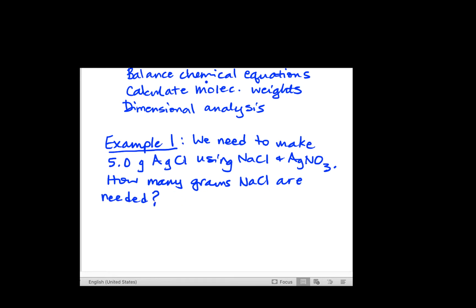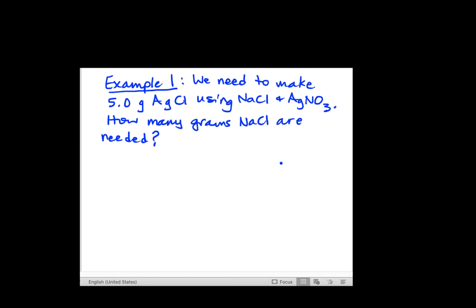There's that cue I was mentioning earlier, right? How many grams are needed? That tells you we're going to do a stoichiometry problem.